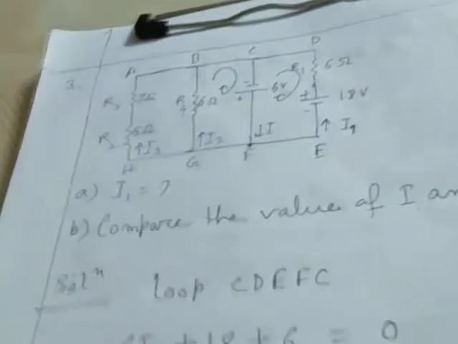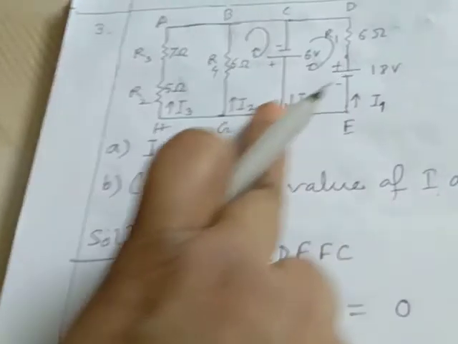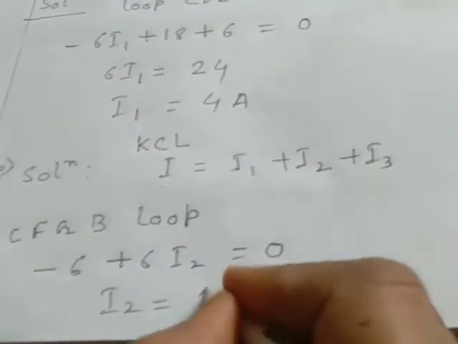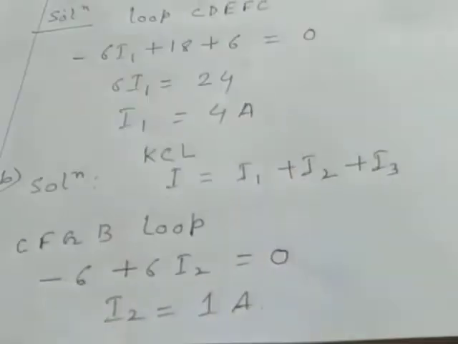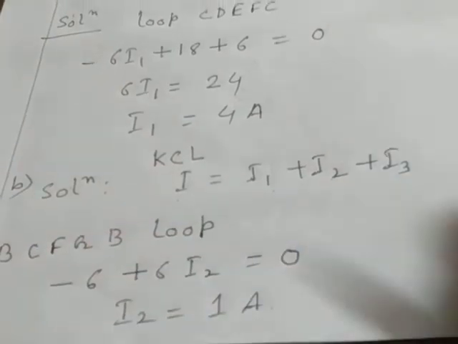Negative sign. So minus 6. Then here it will be plus 6 I2, because current is going in this direction and we are also moving in this direction, equal to 0. So I2 equal to what? I2 equal to 1 ampere. Now we have to find out the value of I3. Let's do it on the next page.